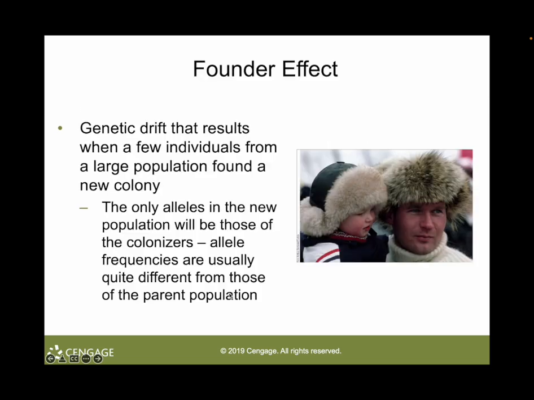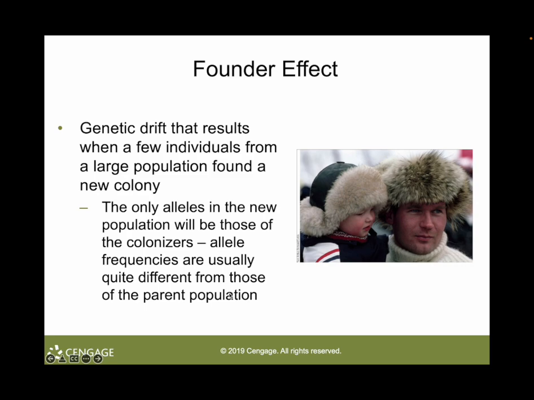Next up, the founder effect. The founder effect occurs when a few founders establish a new colony. When one or a few individuals from a large population establish or found a colony, they bring with them only a small fraction of the genetic variation present in the original population.